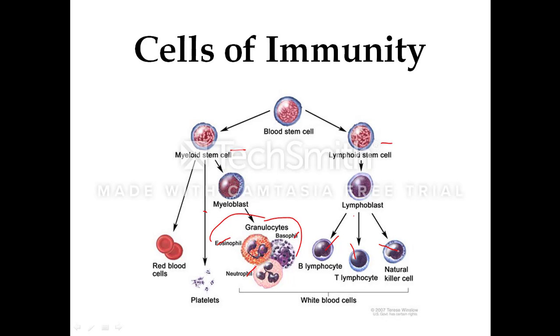So B lymphocytes, T lymphocytes and natural killer cells originate from the lymphoid stem cells, whereas granulocytes, macrophages and monocytes originate from the myeloid stem cells. These granulocytes and lymphocytes are considered white blood cells. They play an important role in immune reaction.